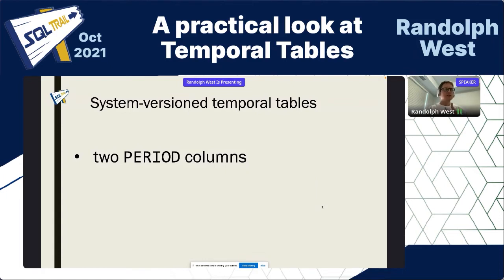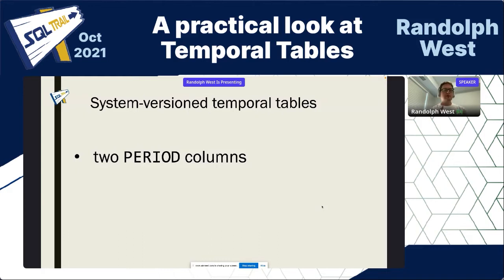You can call them whatever you want. In some of Microsoft's documentation, they call them sys_start_time and sys_end_time. Valid from and valid to is one of the naming conventions that they've used in the Wide World Importers database, which does have temporal tables if you want to play with them in there.